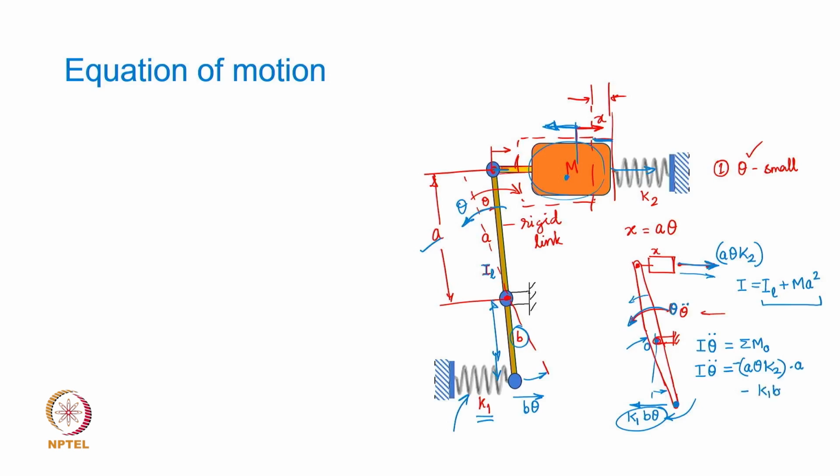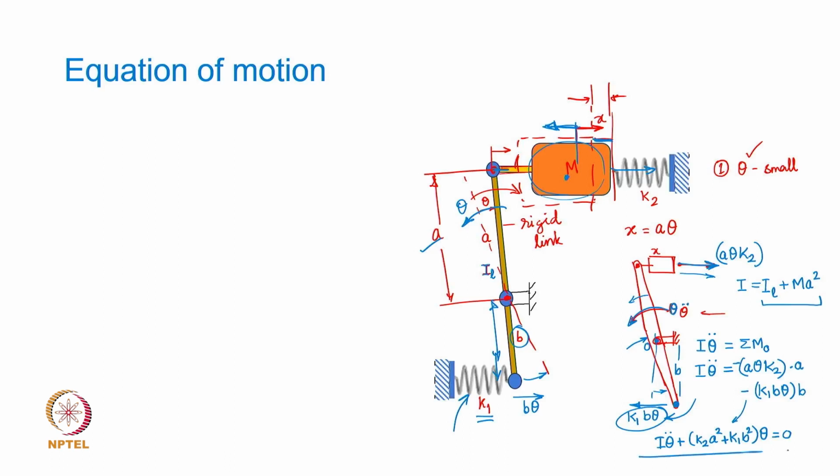So, I am going to write this force multiplied by the arm length, this is going to be b, and that is going to be multiplied by b. So, if I simplify this, this is going to look like I theta double dot plus (k2 a square plus k1 b square) into theta equal to 0.